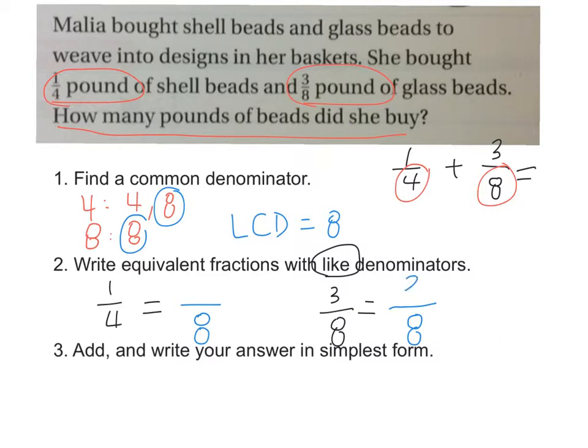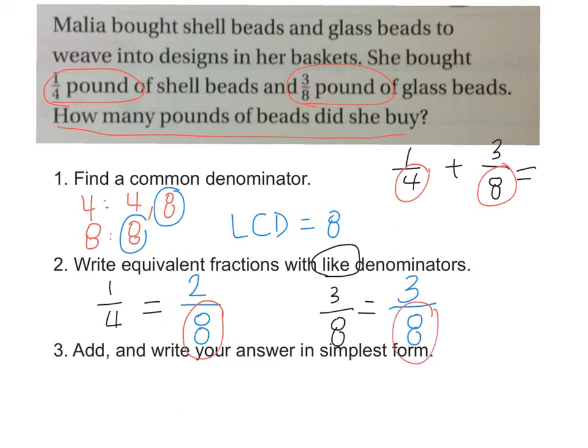No, the denominator is already 8. To change 1/4, how do I change the numerator to make the denominator 8? You multiply 4 by 2 to get 8, and multiply the numerator 1 by 2 so you get 2. Now, are my denominators the same? Yes, they both have a denominator of 8.